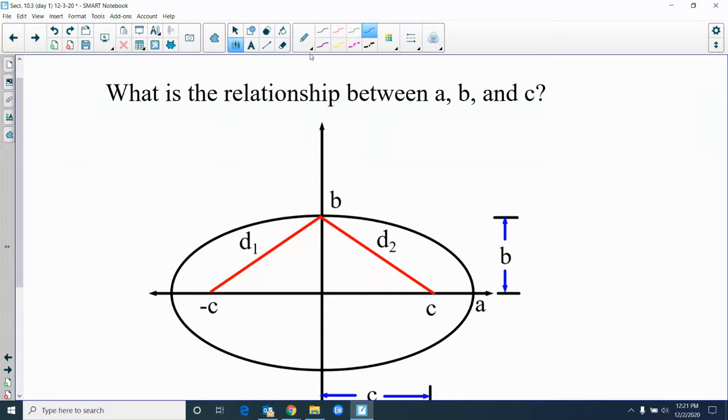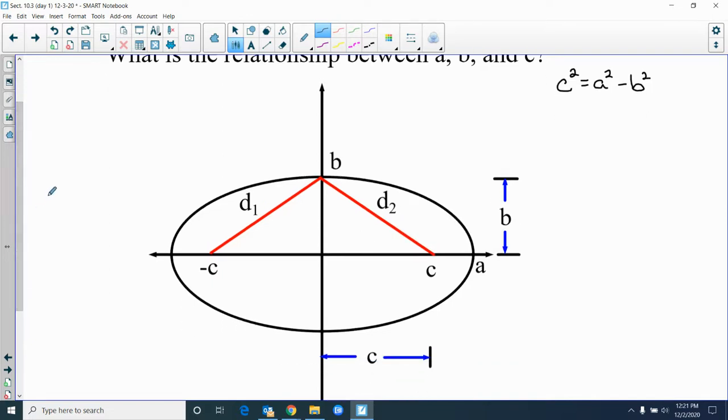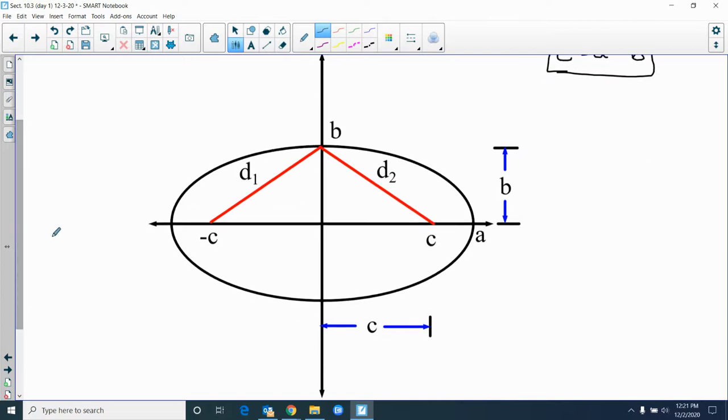But this is an ellipse, and the relationship, which I think is already on your paper, is c squared equals a squared minus b squared. That is always true. Let me go through a real quick explanation of why.